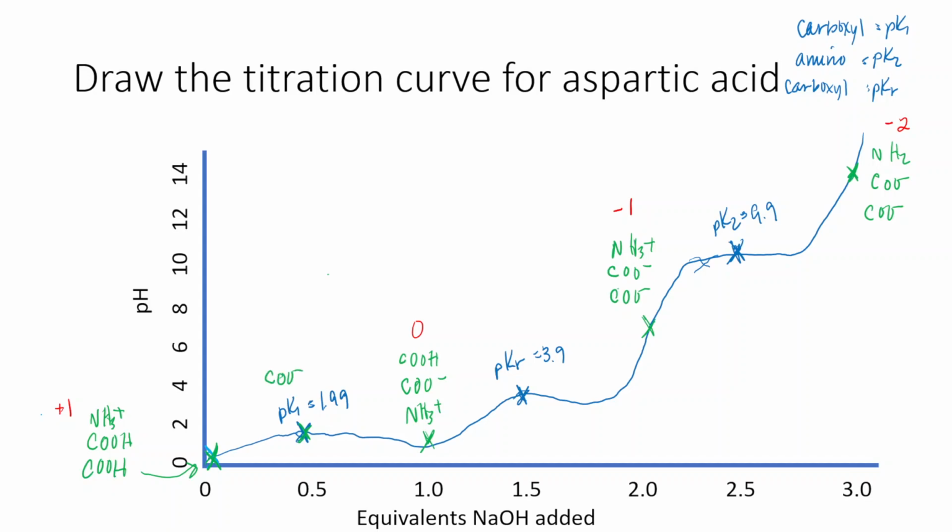So we have half deprotonated, half protonated. Our other side chain carboxyl group is still fully protonated here. Our amino group is also still fully protonated here because we're far below its pK. So our net charge is going to be +1 minus about a half, so we're at about +1/2, right?